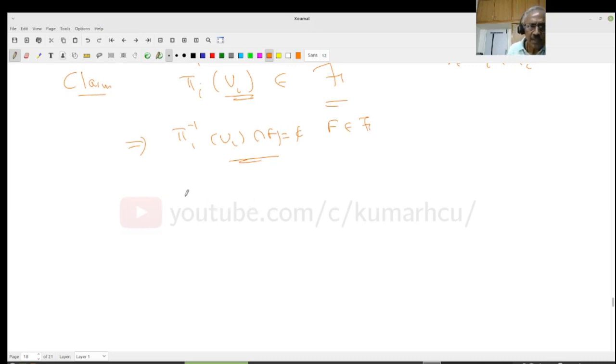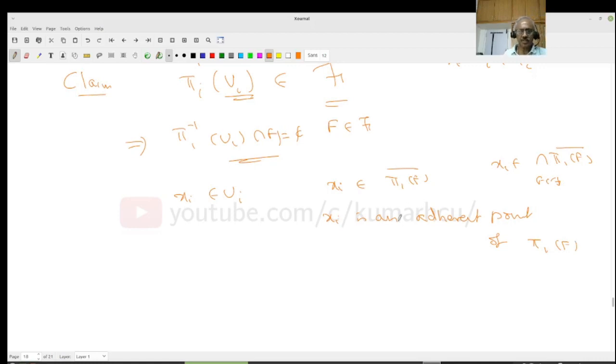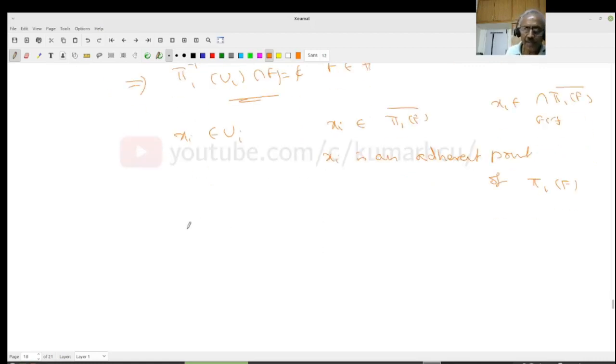Now, let us look at x_i. x_i belongs to U_i, right? And x_i belongs to the closure of pi_i of F. Remember what was my x_i? x_i is the intersection of pi_i of F closure as F is in script F. Therefore, x_i is an adherent point of pi_i of F. It belongs to the closure, therefore it is an adherent point. So, what does that mean?